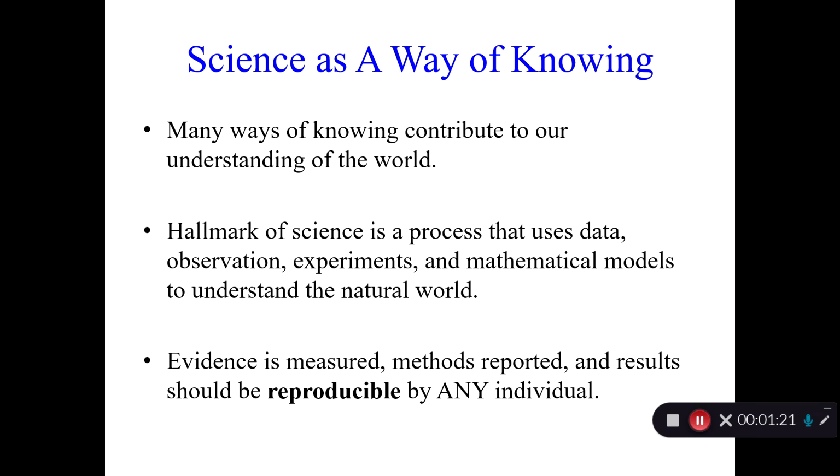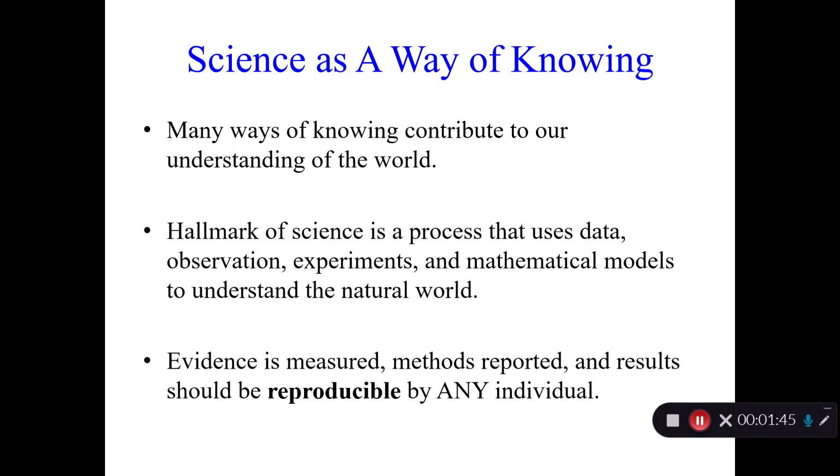So there's several attributes to a scientific approach. One is that it's very data-driven. Right? So it's driven by evidence, driven by observation. Sometimes we can do experiments, right, to test hypotheses, to test questions.